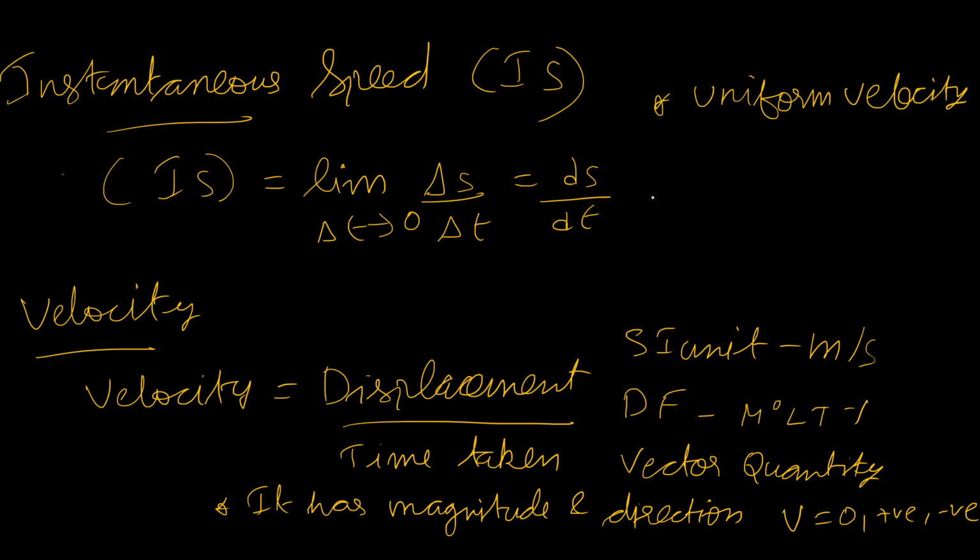Uniform velocity means that if an object undergoes equal displacements in equal intervals of time, then it is said to be moving with uniform velocity. The next one we need to know is non-uniform velocity. If an object undergoes unequal displacement in equal intervals of time, then it is said to be moving with a non-uniform or variable velocity. It is also called variable velocity.